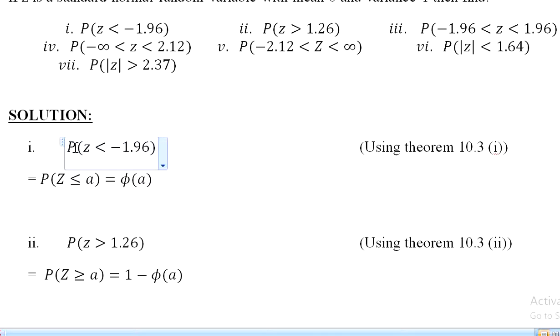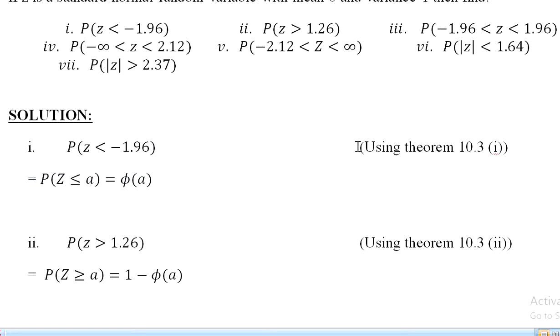As is clear, we always find cumulative probability in less than form. यानी cumulative probability का मतलब होता है एक particular point से less सारा area. So जब भी Z की probability find out करें, it should be in less than form.